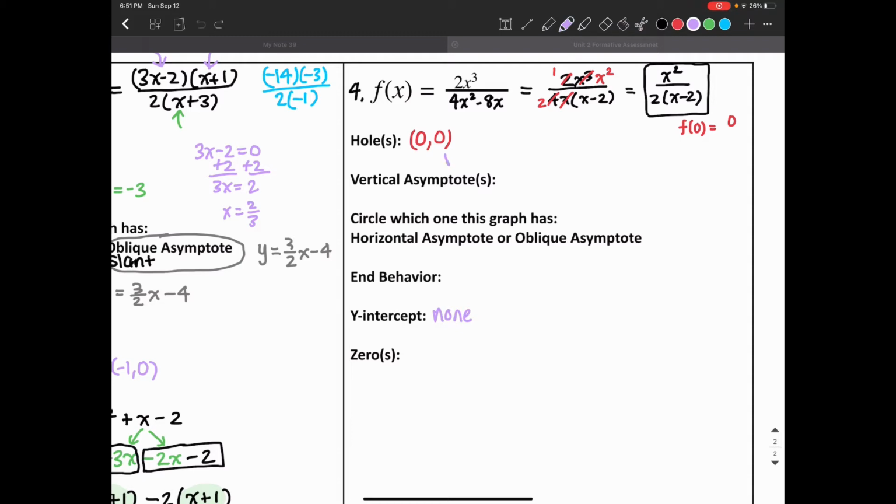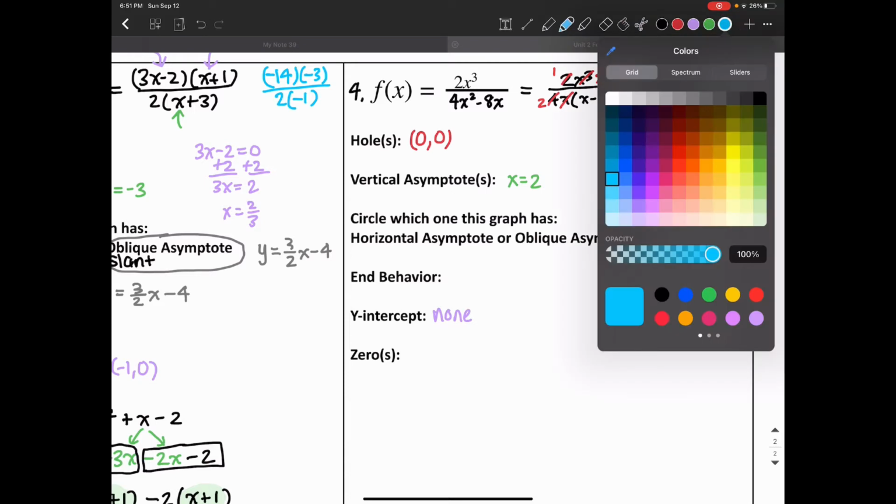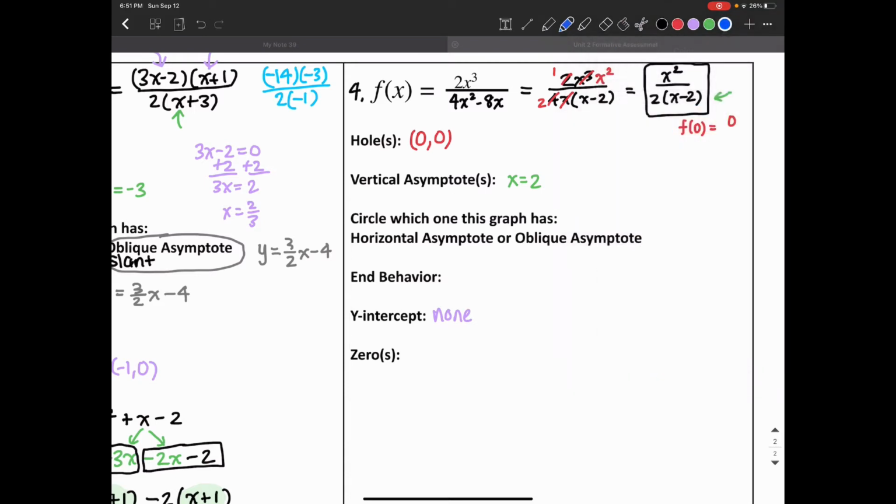Vertical asymptote, I have what makes the denominator 0 there, and that would be 2. So x is equal to 2. That line is a vertical asymptote. Then I want to circle which one this graph has, a horizontal asymptote or an oblique asymptote. I'm comparing the powers in the numerator and the denominator. So I have x to the third power over x to the second power.